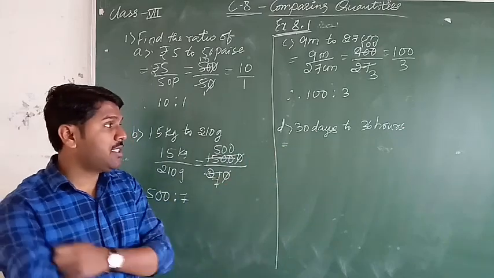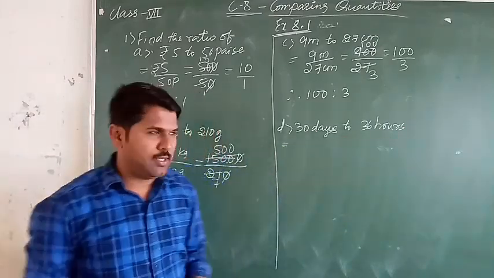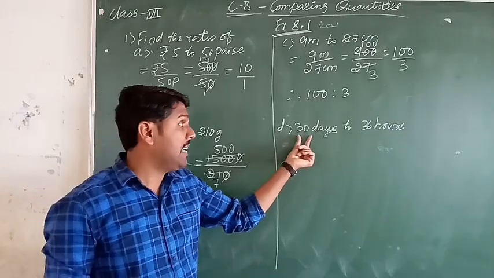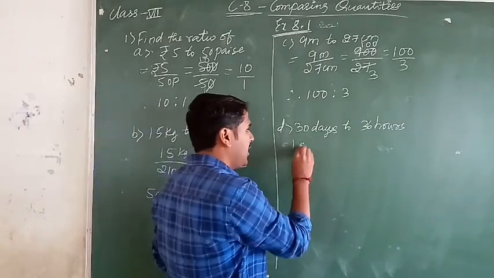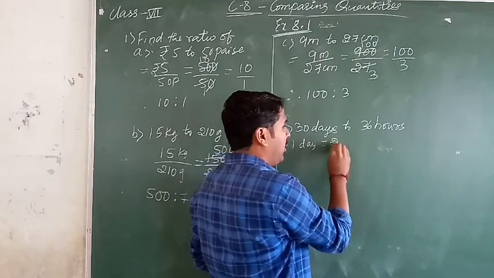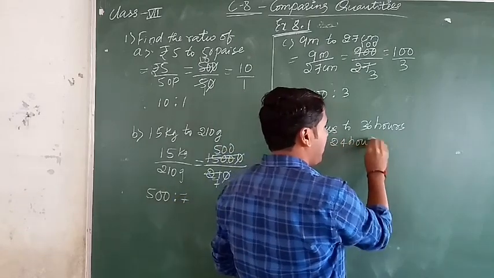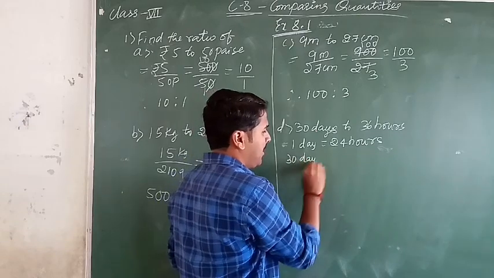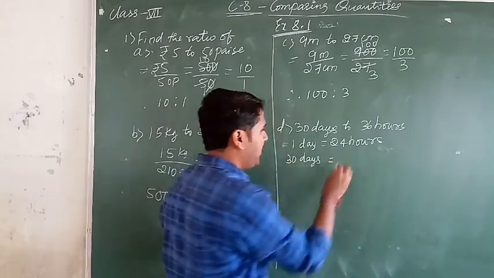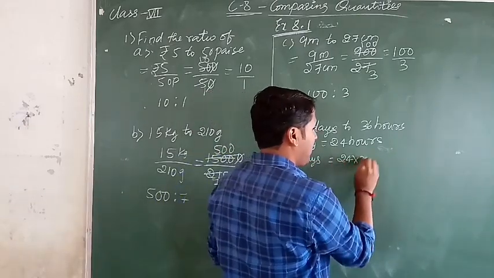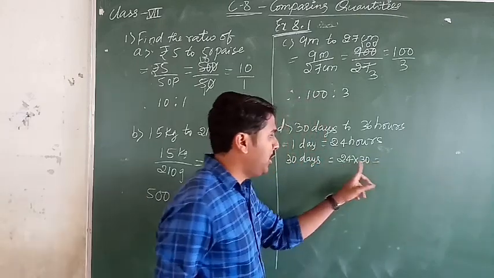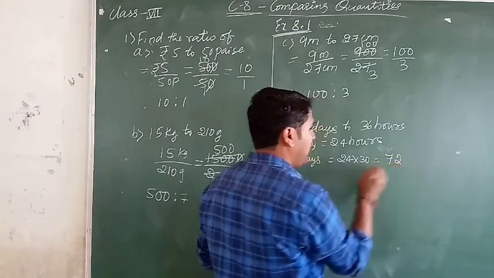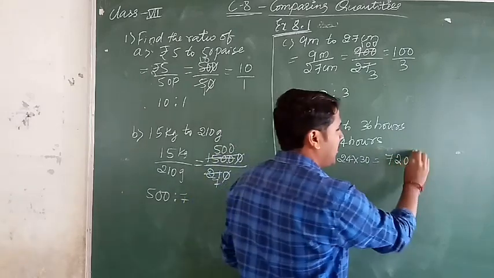Fourth one, 30 days to 36 hours. 1 day equals how many hours? 24 hours. So 30 days equals, just multiply 24 into 30. 24 into 3, 24 threes are how much? 72. And this one, 0 as it is.